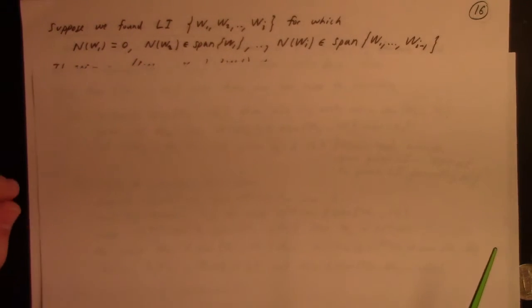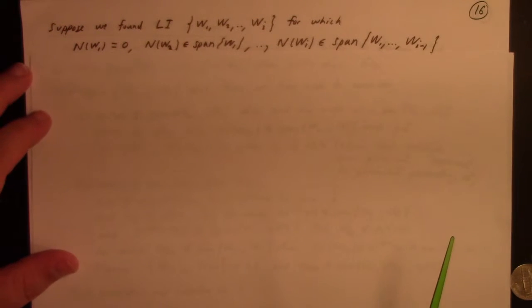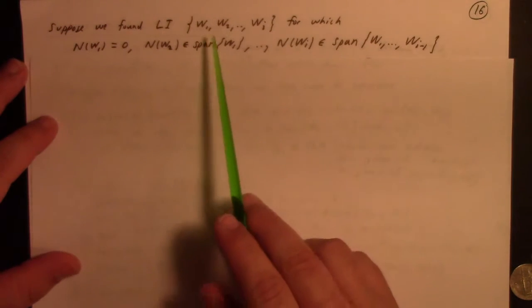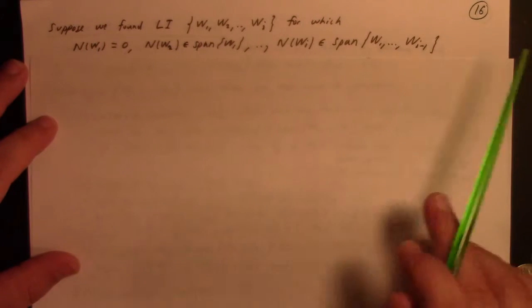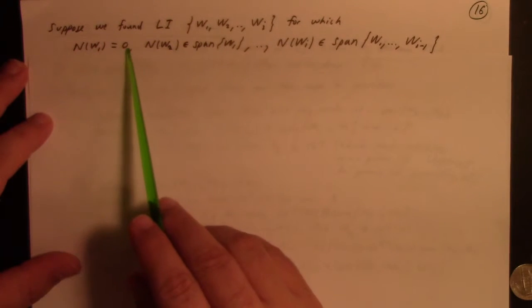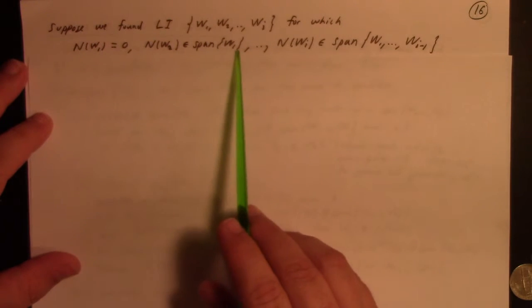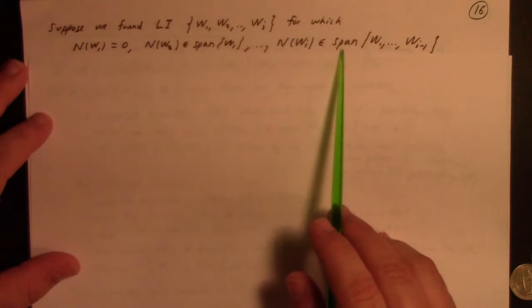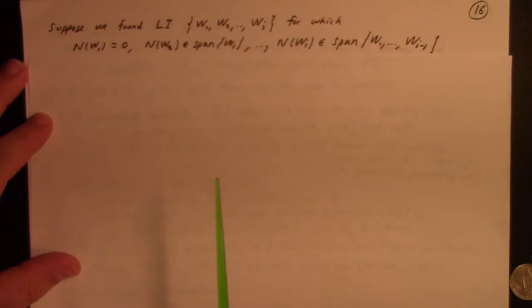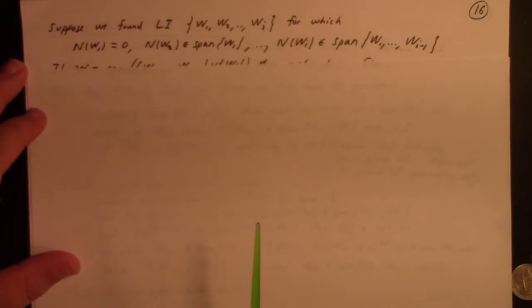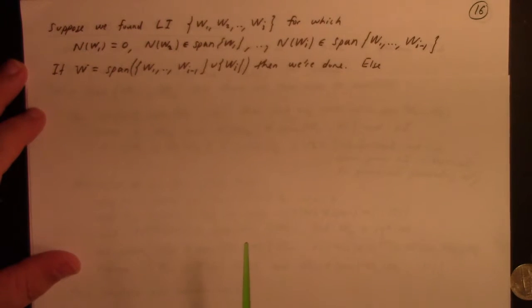So I think what I just showed you is basically the base case. Now we're going to suppose inductively we found linearly independent vectors w_1 through w_i, for which N w_1 was 0, N w_2 was in the span of w_1, and N w_i was in the span of the first i minus 1 of the w's.